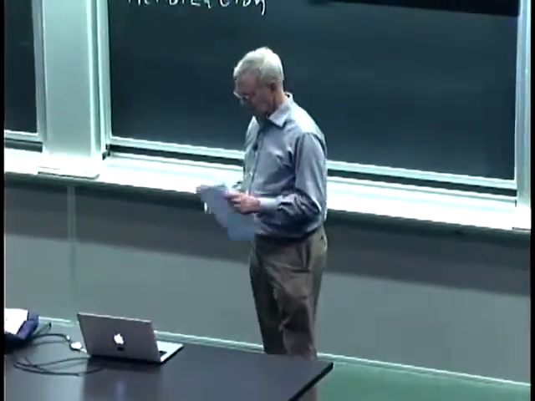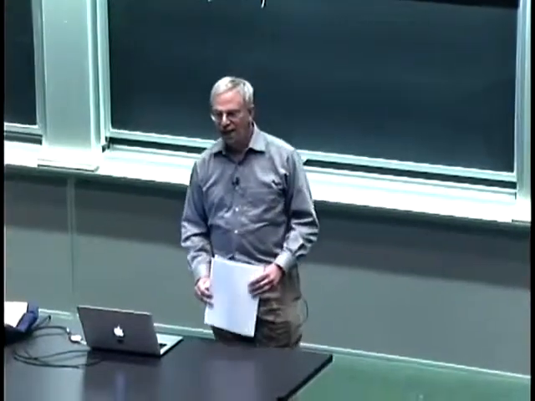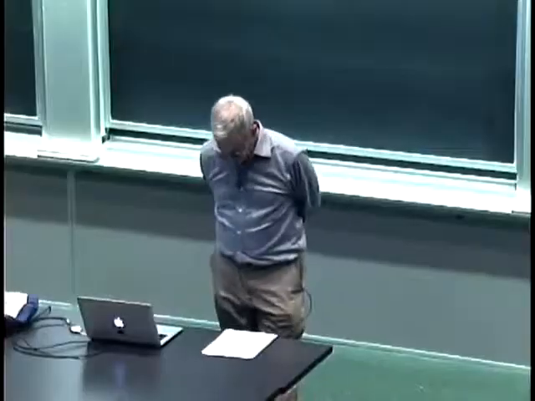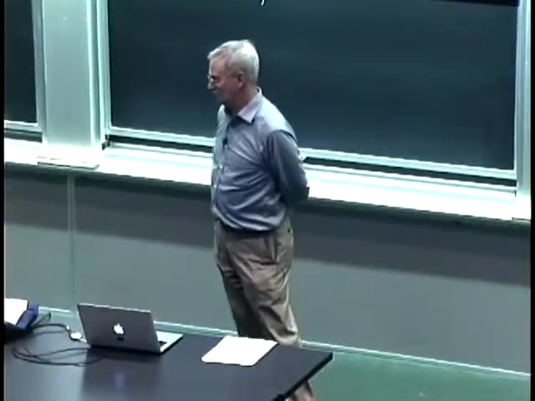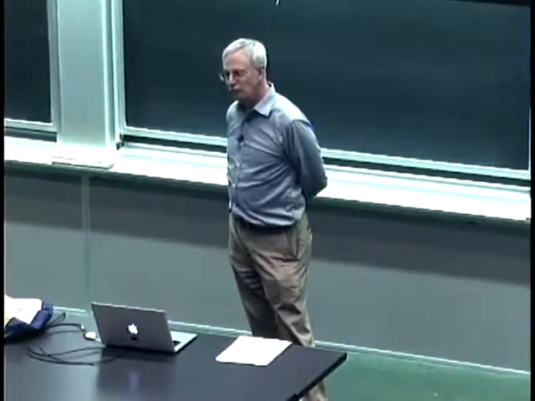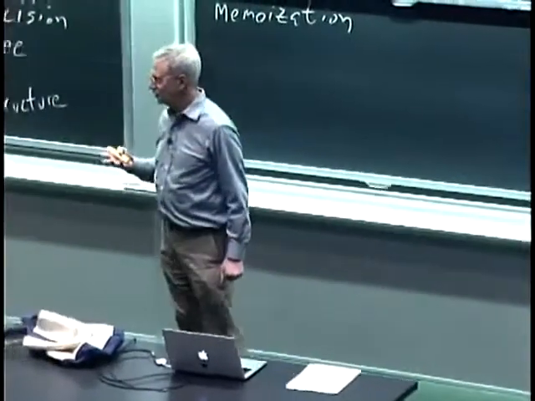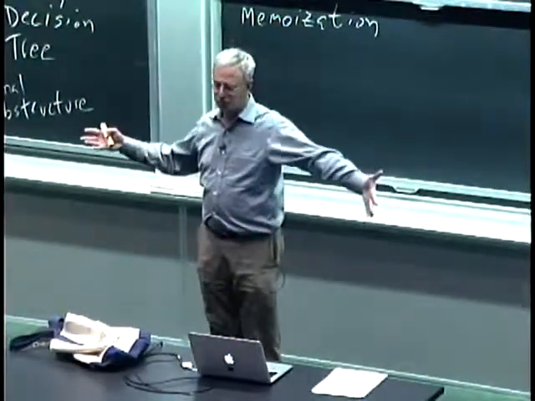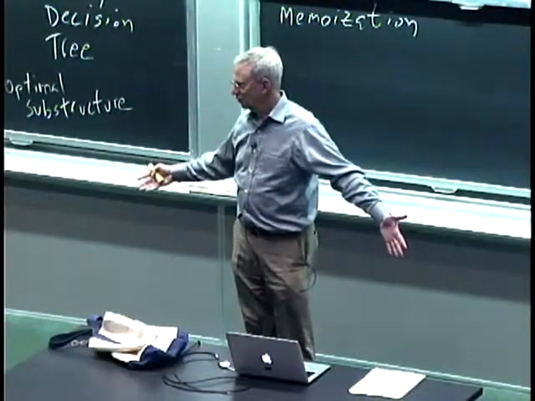All right, so here's the question. Have I found a way to solve an inherently exponential problem in linear time? Because what we'll see here, and we saw a little of this last time, as I double the size of the items, I only really roughly double the running time. Quite amazing.